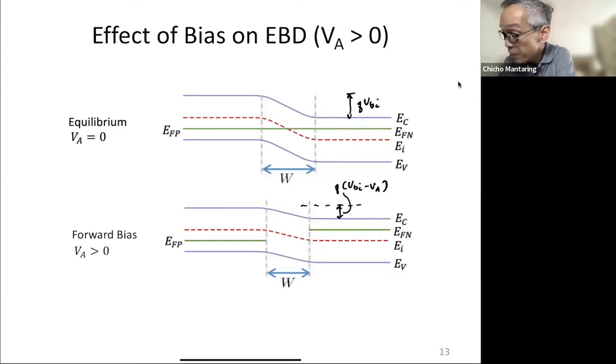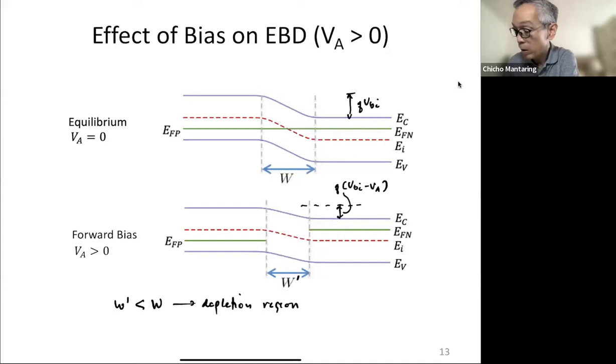This W prime is going to be less than W. In other words, the depletion region becomes narrower. That is what will happen if I apply a positive voltage.